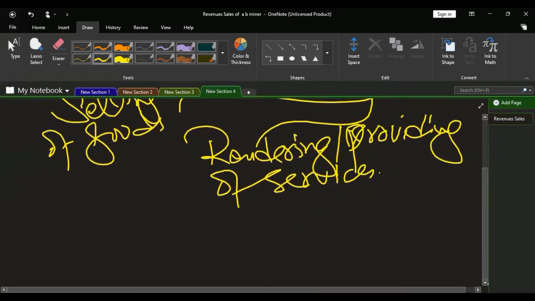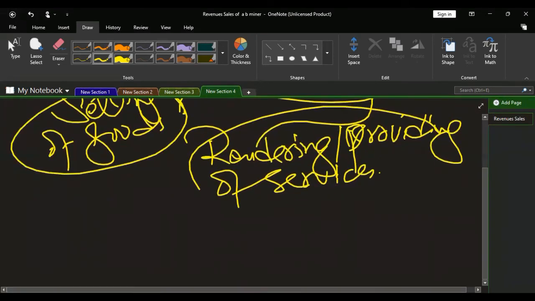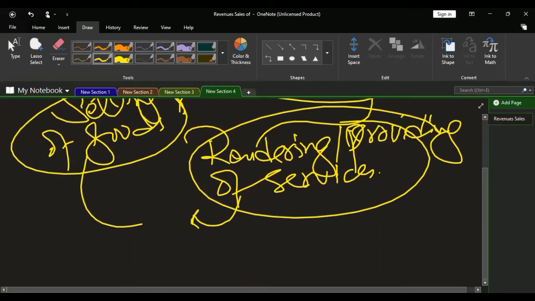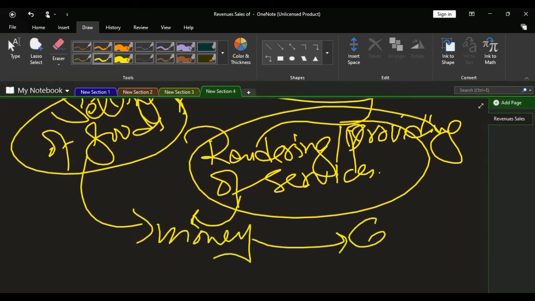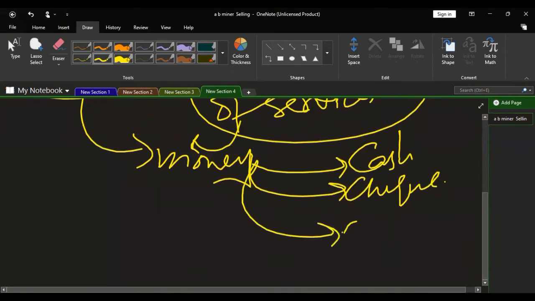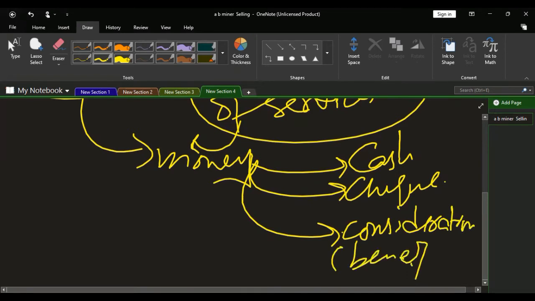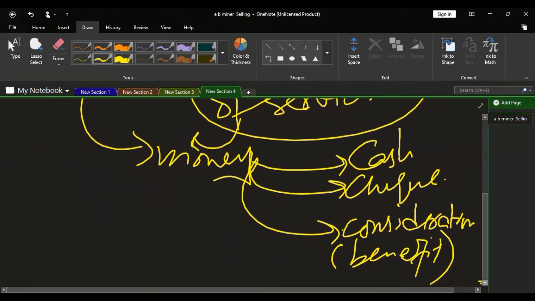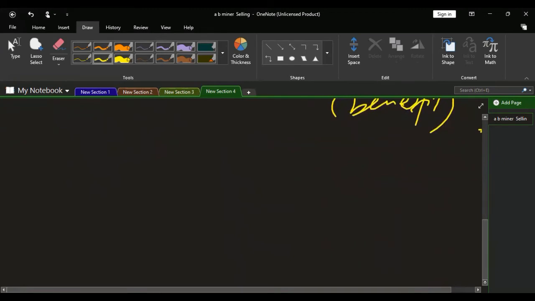In both cases, we will receive some money in return. It may be in the form of cash or check or through a consideration. Consideration means any benefit given by the vendor from whom we are going to receive our money. So we are now going to study each one of them.